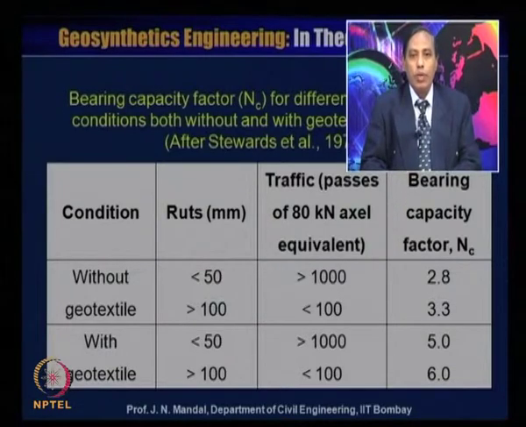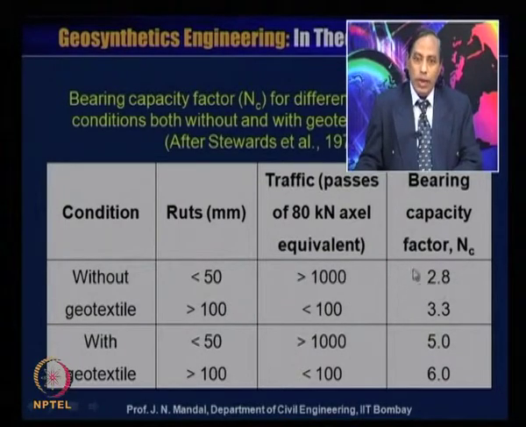This is after Steward 1977. So, here the condition when without geotextile and rut is less than 50 millimeter, but traffic passes of 18 kilonewton axle equivalent greater than 1000, then bearing capacity factor Nc is equal to 2.8. This you have to remember.